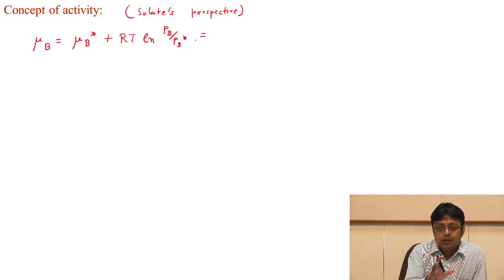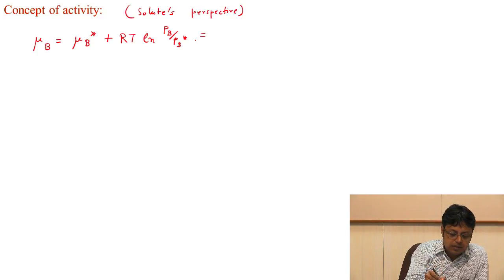Henry's law, Raoult's law is valid from the solvent's perspective. The reason being, in the solution, it is almost a similar environment, just like in a pure liquid or pure solvent, but from a solute's perspective it is very, very different. So this is not a very correct equation from the solute's perspective.